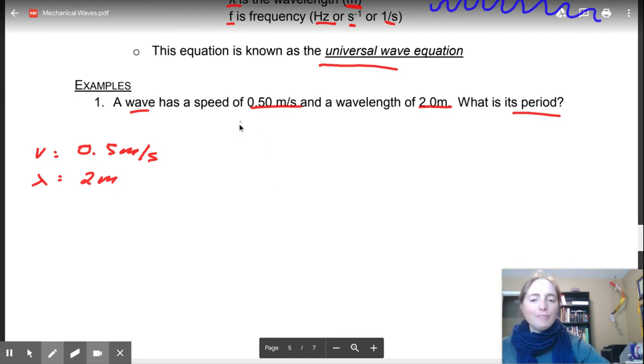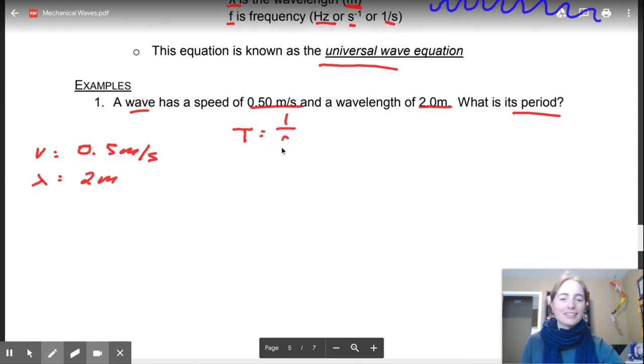Well, we looked at nothing with the period of a wave, but look at this equation. Remember this equation? This equation gets used a lot with waves. So I can calculate the frequency and then use this. I have speed and I have lambda. So v is equal to f lambda. I can rearrange that.